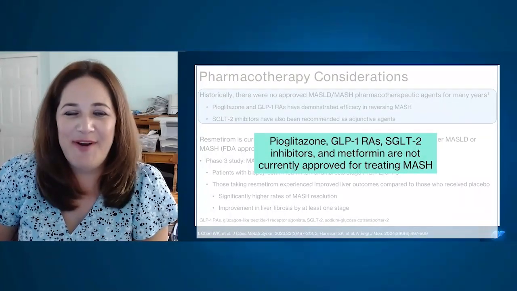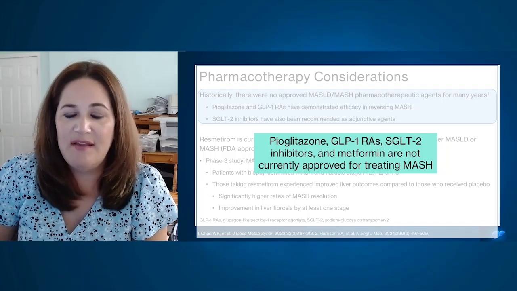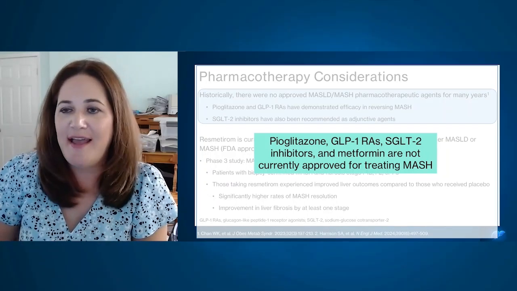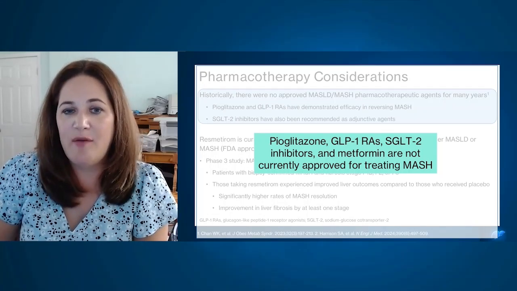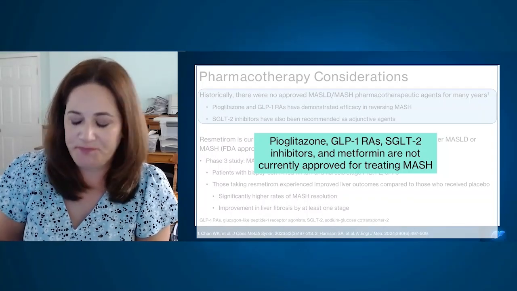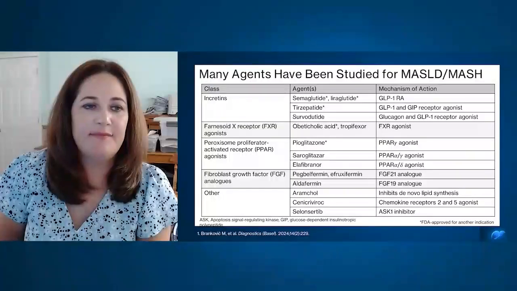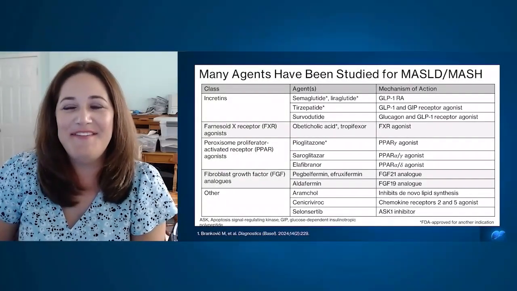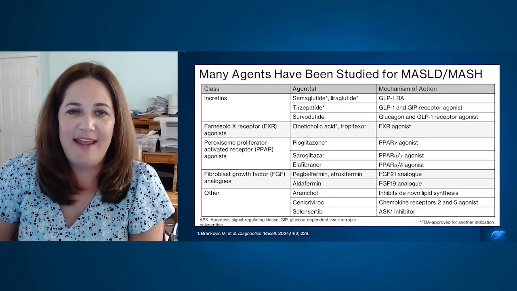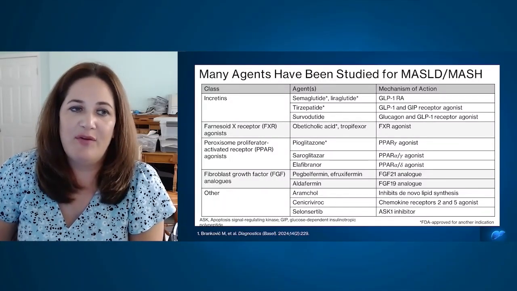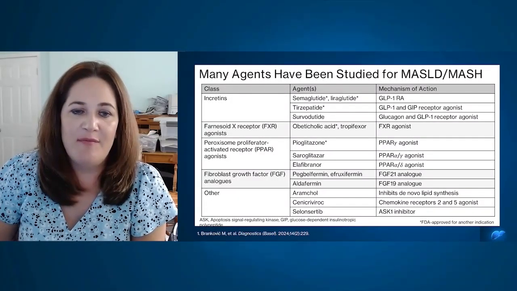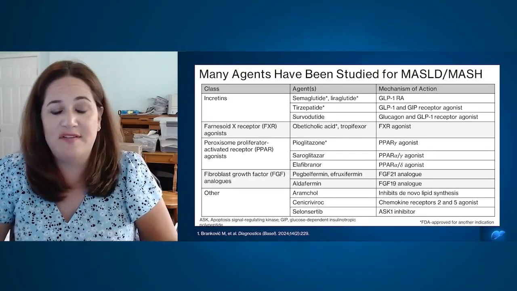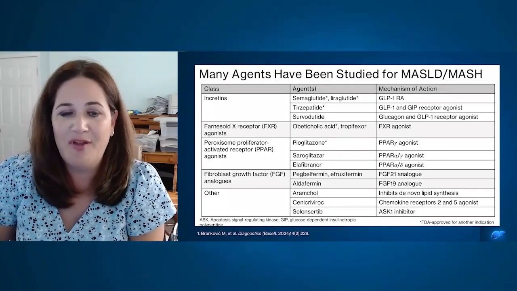And again, it's important to note that the other medications that historically we have used as adjunctive therapies to help MASH are not FDA approved to treat MASH. And we've been through this for years. There have been so many agents that have been studied to treat MASLD and MASH, and some have shown some efficacy, and some just have been taken off the table altogether.